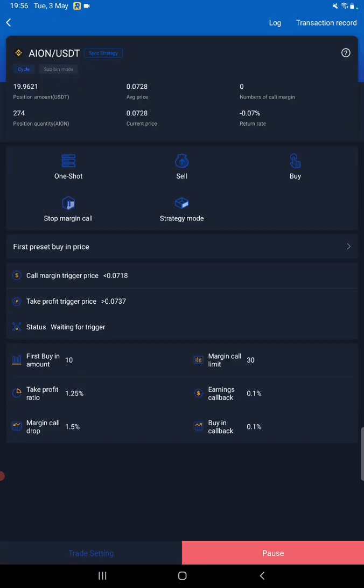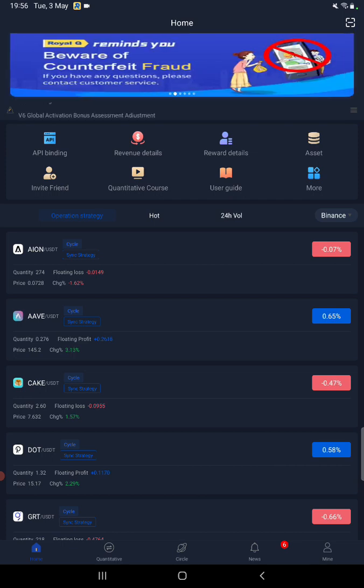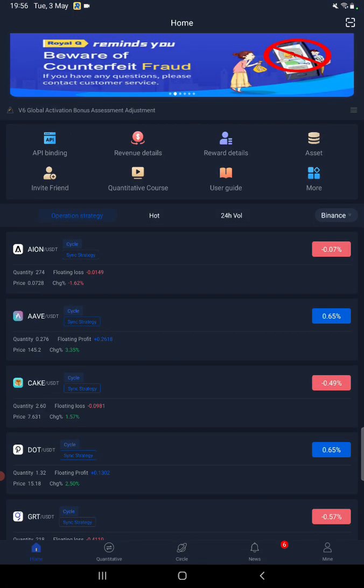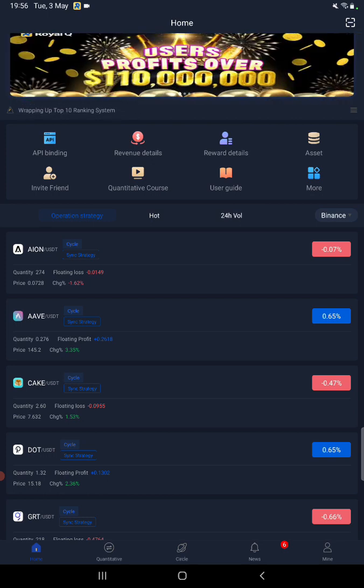So you can see what happens now is that the moment I do that, Aeon is automatically opened again by the bot, because remember, this is currently set under the scene strategy, under the cycle mode, so it will continue because the scene strategy owner is still trading this coin. Since the scene strategy owner, JD10X, is still trading Aeon, the bot will automatically pick Aeon once again.